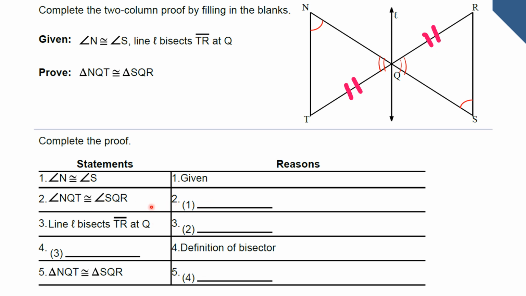That was the vertical angles theorem. Remember, if we have two lines that intersect, they form two pairs of congruent angles. The ones on the outside of these triangles are irrelevant, but we do care about the pair of congruent angles inside the triangle. So the vertical angles theorem allowed us to mark that as congruent.